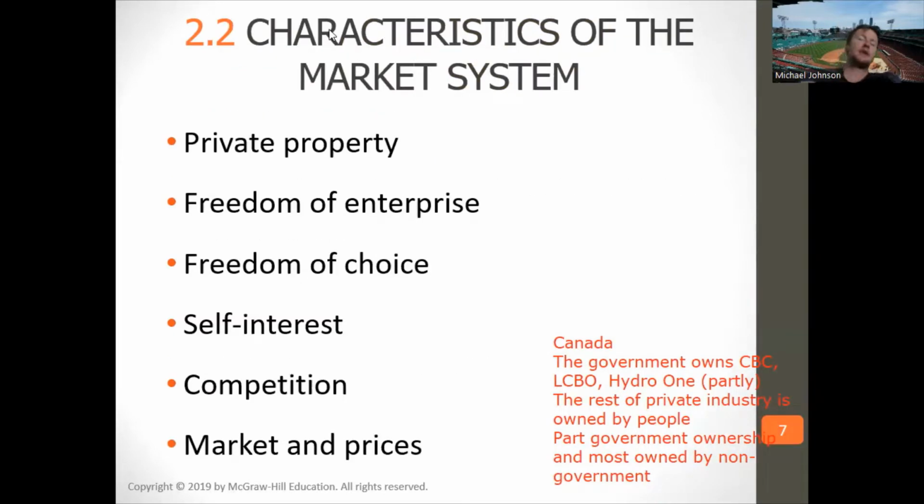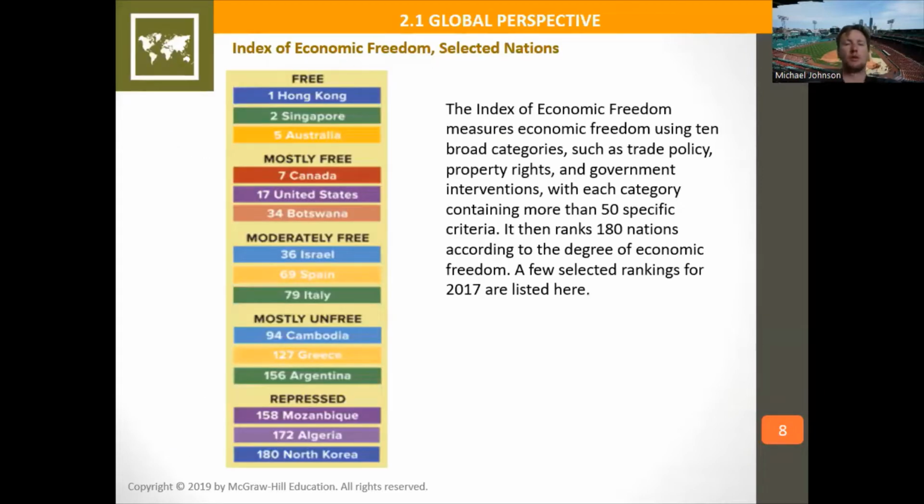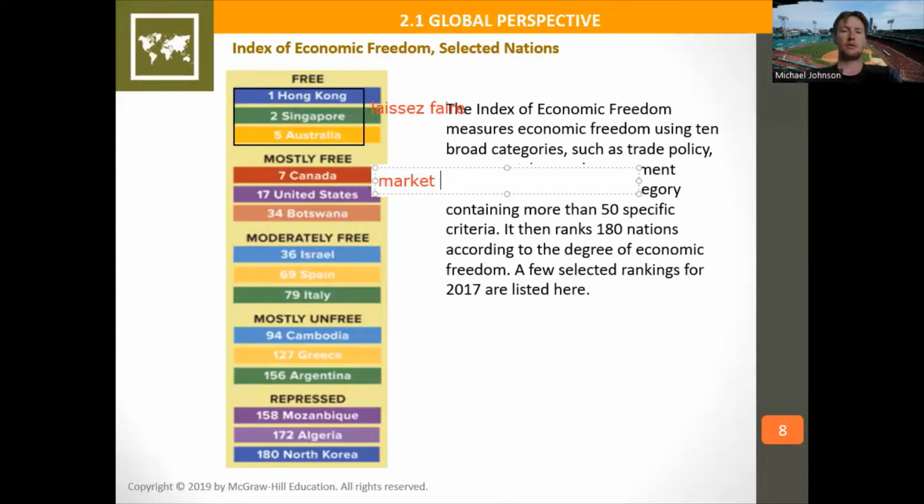The market system has private property, freedom of enterprise, freedom of choice, self-interest, competition, and market prices. Hong Kong, Singapore, and Australia are the freest nations in the world. These ones are more like laissez-faire. And then this is more market economy: Canada, United States, Botswana.